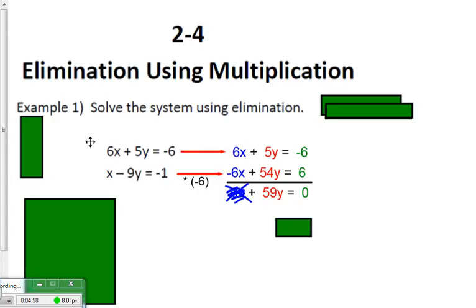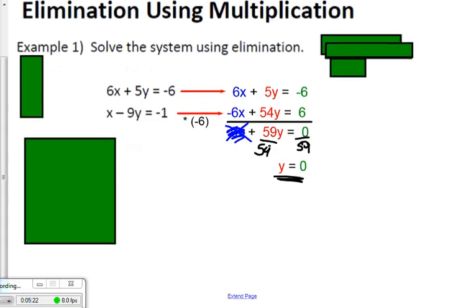To get y alone, I divide each side by 59. Now 0 divided by anything, including 59, is just 0. So in this case, we found out y equals 0. That's going to be our y value of the solution to this system of equations.